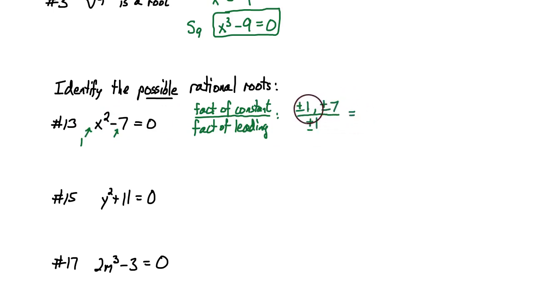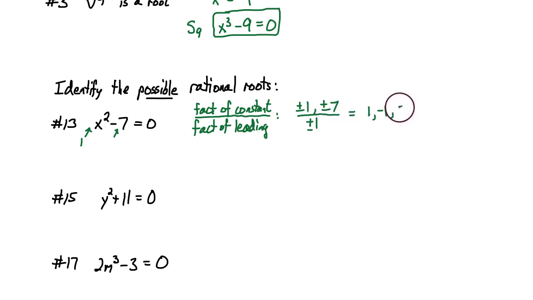The factors of our leading term, which is a 1, are positive and -1. Now, let's evaluate all the actual numbers created from different combinations of numerator and denominator. If we choose 1 for the numerator and 1 for the denominator, we would have 1 over 1, which is 1. But if we choose -1 and 1, we would get -1. As another combination of numbers, let's work with the 7s.